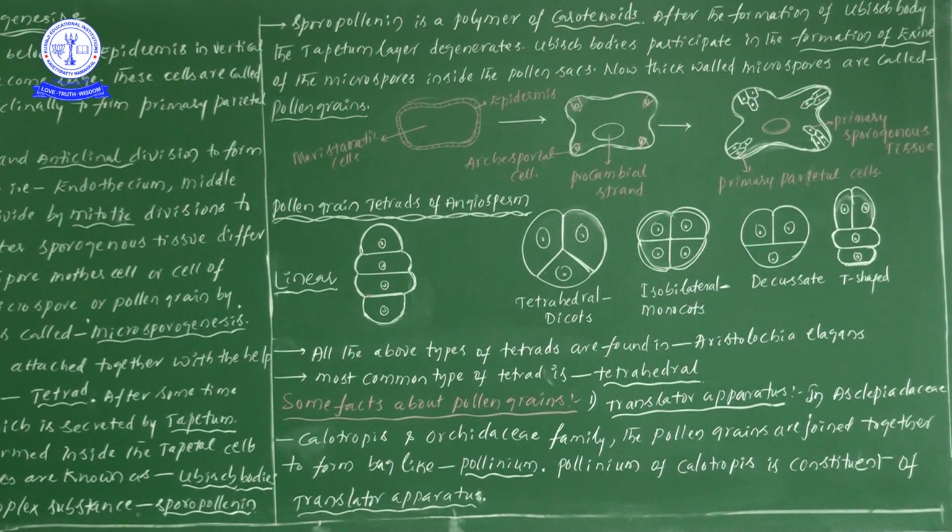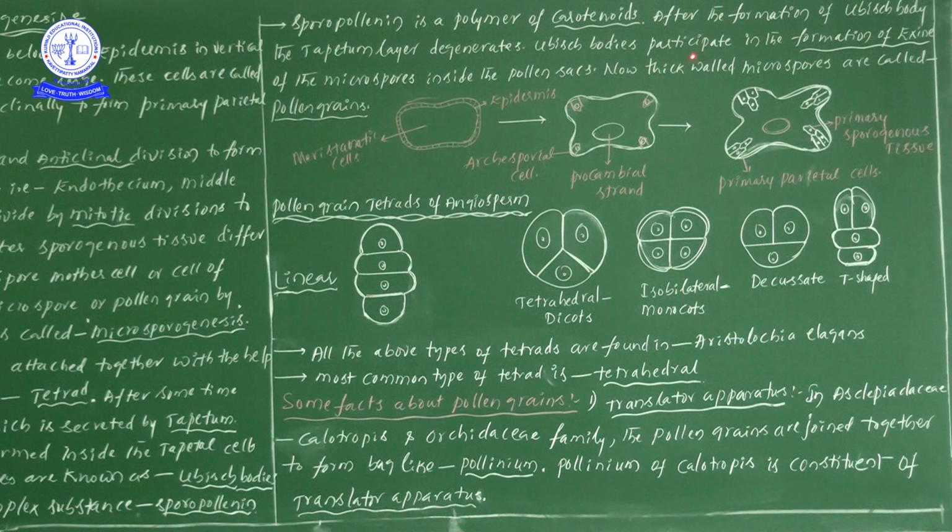In pollen grains, the outermost layer is exine, and that exine is made up of sporopollenin, isn't it? So now what is happening? For the formation of this exine, the outermost layer of pollen grains, there is an involvement of Ubisch bodies.